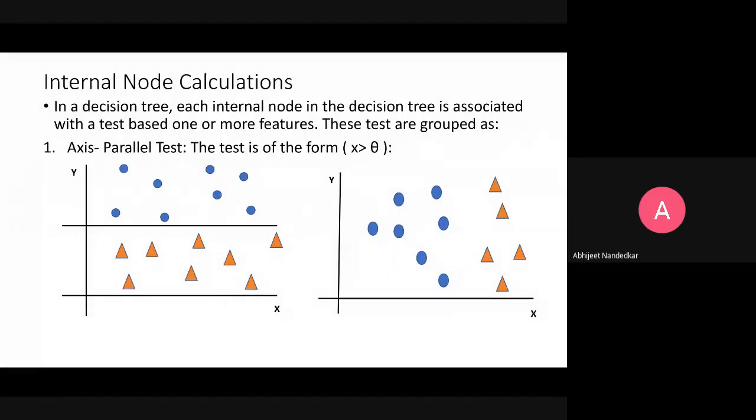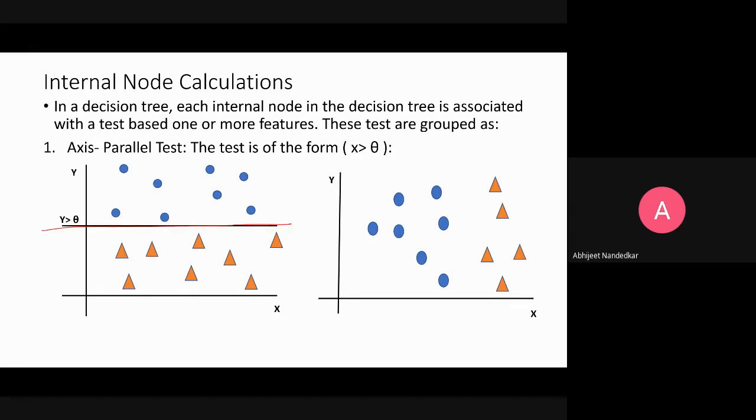Now we have seen in a decision tree, each internal node is associated with a test based on one or more features. So here, suppose I take an axis parallel test. Here I am considering, say, y greater than some threshold, then the implementation is this particular line.